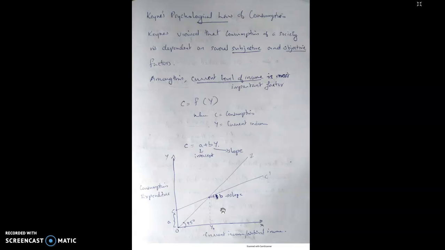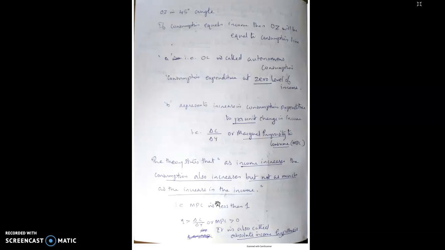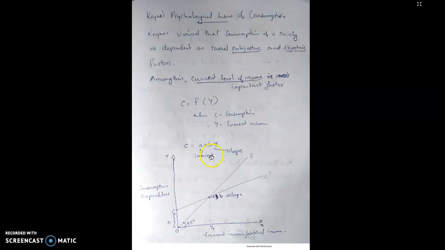Suppose income changes by 1 unit. Here it is not a unit, it may be 1 rupee or $1, whatever the currency may be. What is the level of consumption change? Mathematically it can be explained by delta C by delta Y, otherwise called B. If 1 unit of income changes, what is the level of consumption change?